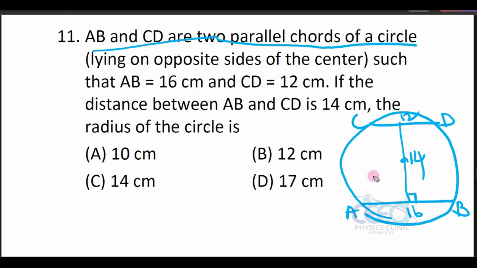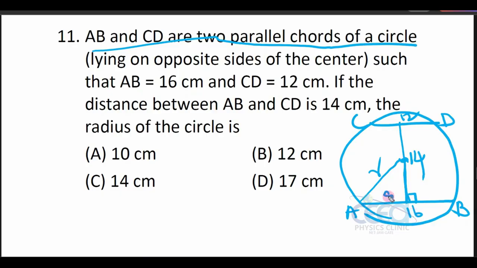If we draw it slanted, we never get the distance between the parallel lines. Now this is the radius, say. We know that a perpendicular drawn from the center of a circle to a chord will bisect it.